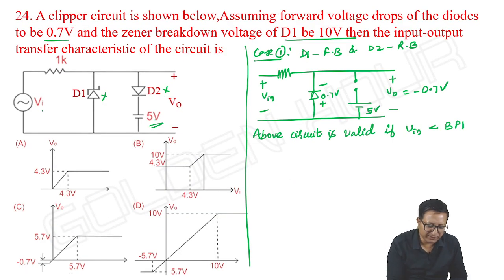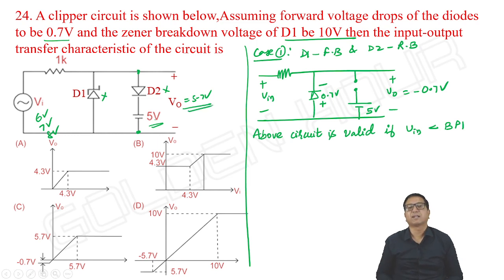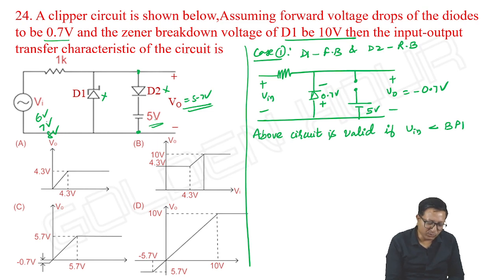Okay, here my input is 6 volts. What is the output? 5.7 volts. 7 volts, 5.7. 8 volts, 5.7. Is there any scope for the voltage across these two terminals to rise above 5.7? No. 9 volts? No. 10 volts? No. 11 volts?